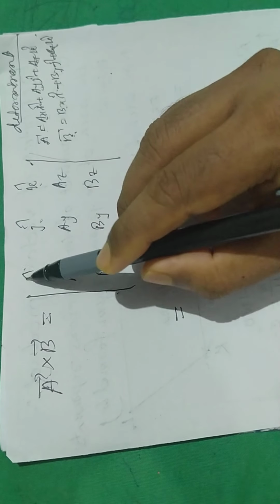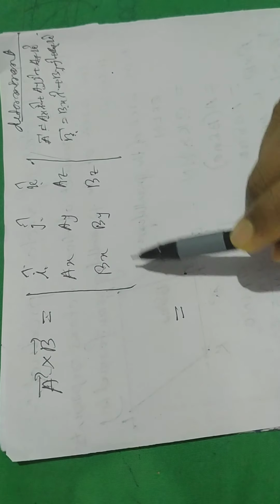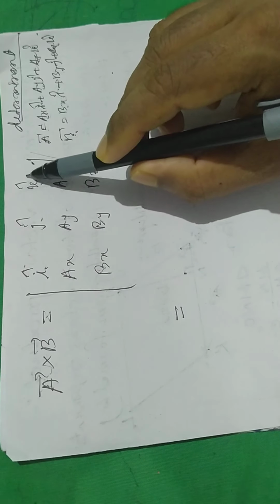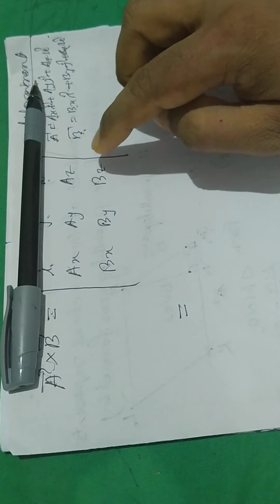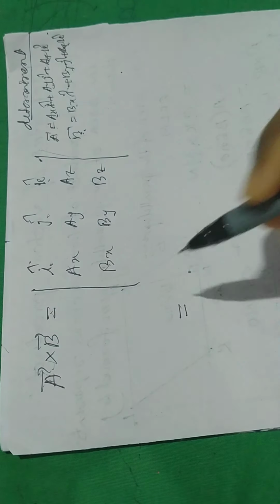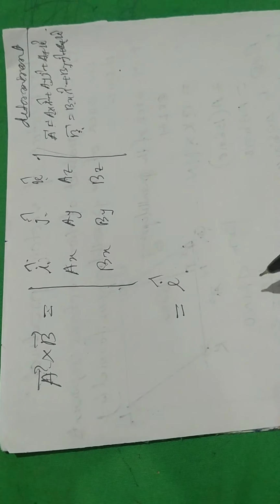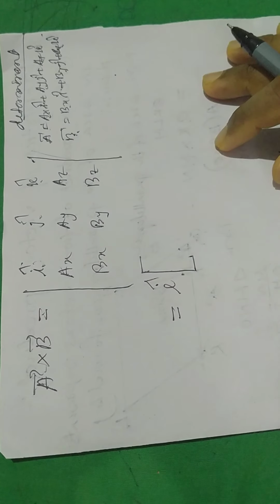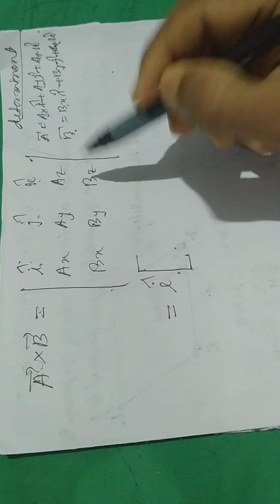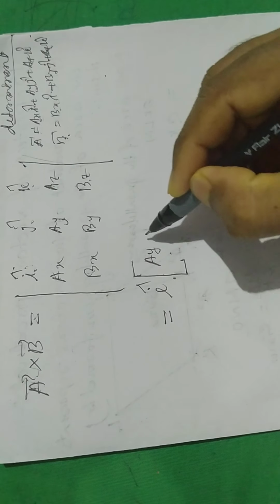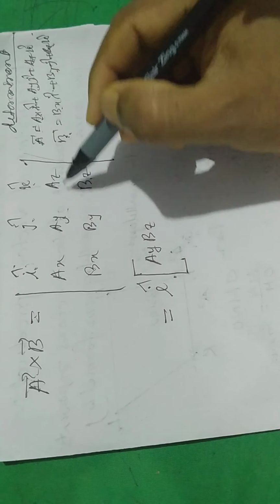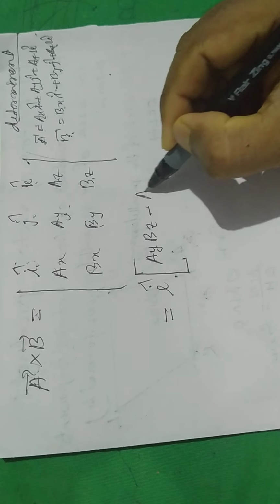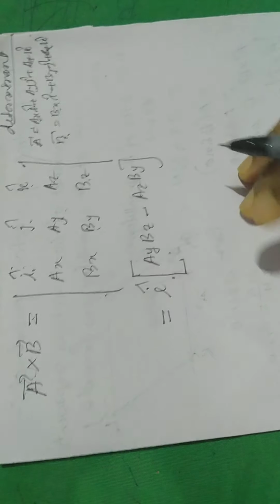First take the first column and first row; leave them, then what will be there? AY, AZ, BY, BZ. So with I cap, you write AY BZ minus AZ BY.